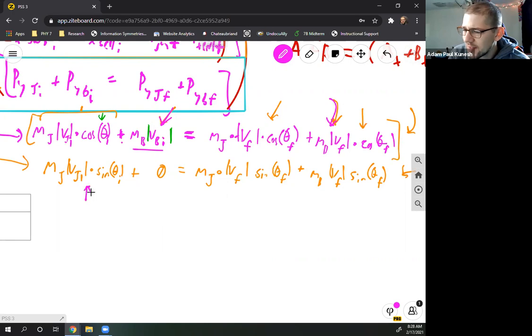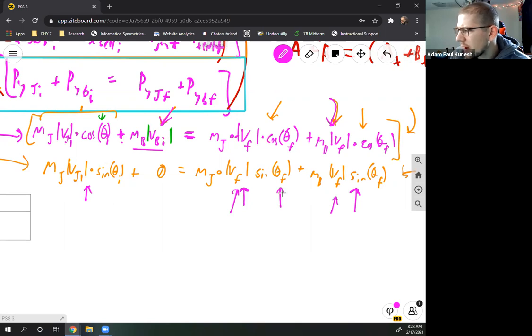At the lower one, I've got Jersey's momentum. That's fine, we know that perfectly. Then I've got Jersey's final momentum, and I've got the ball's final momentum. So at least now I've basically only got one unknown, this VF magnitude.